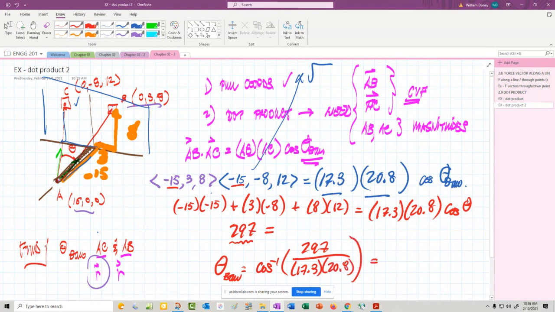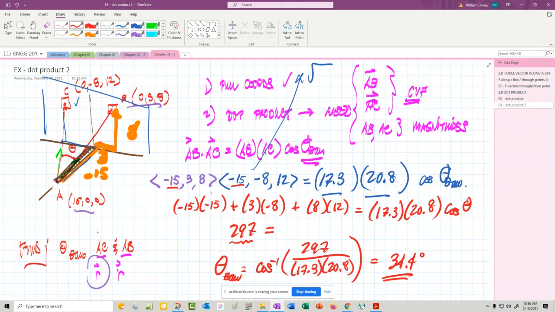If I go through that, inverse cosine, I get 34.4 degrees. Now that's the angle between the two cables.